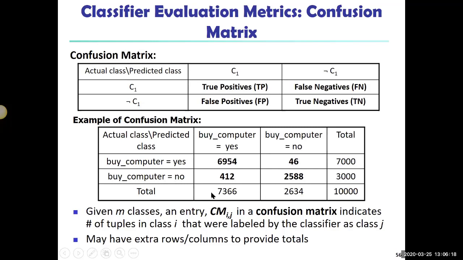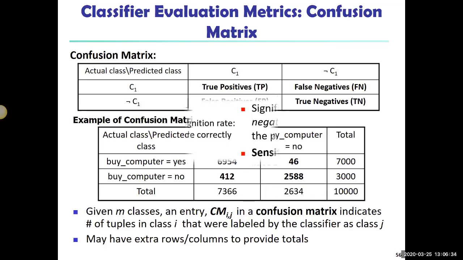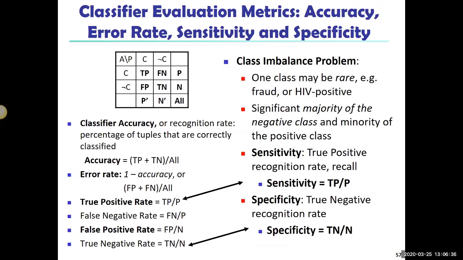Our prediction is 7,366 buy and 2,634 not buy. Okay, so with this confusion matrix, we can define a large set of evaluation scores.